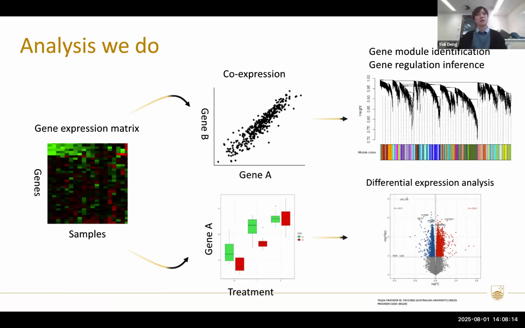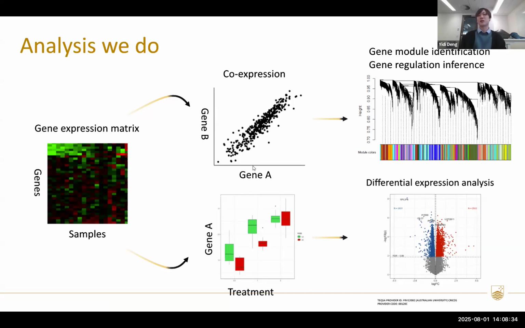So what can we do with gene expression data? Here I just introduce the two most commonly done analyses, which are co-expression analysis and differential expression analysis. For co-expression analysis, we measure the statistical association between two genes' expression.